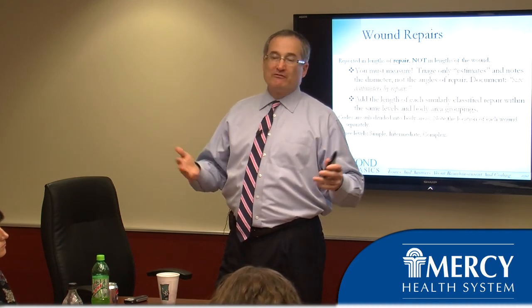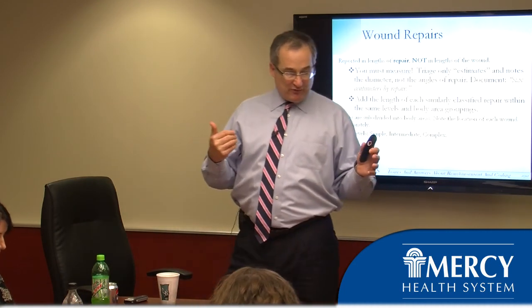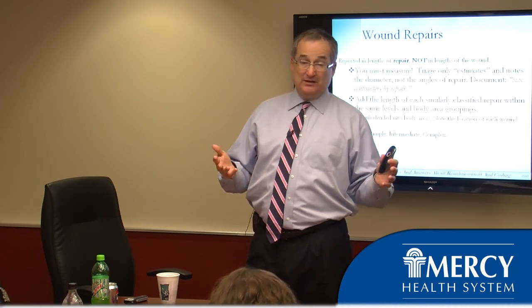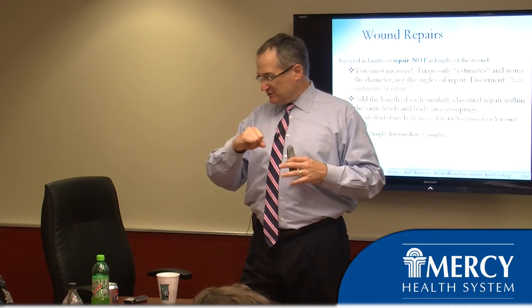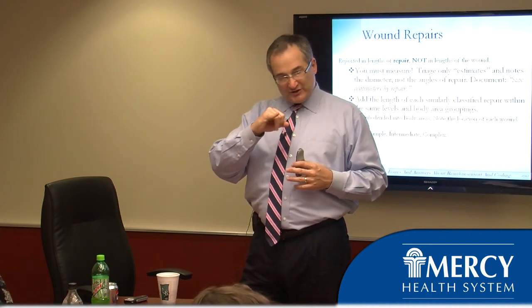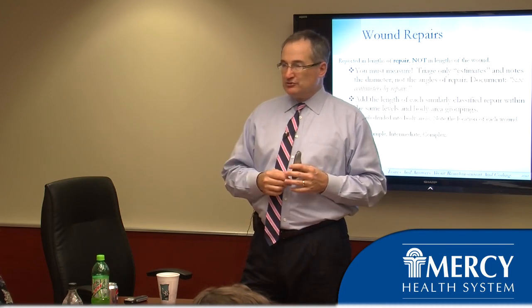It's been shown over and over again when it's studied that lengths of repair are 20 to 25% beyond what we estimated when we did the little fingernail guess of 1 centimeter or 2 centimeters, whatever rule of thumb you use.